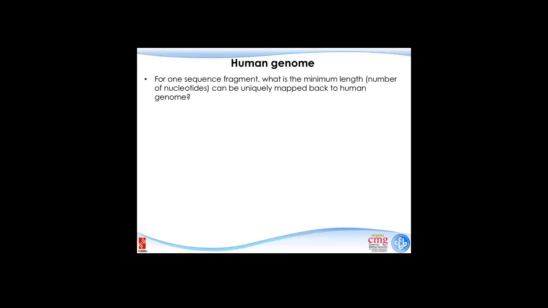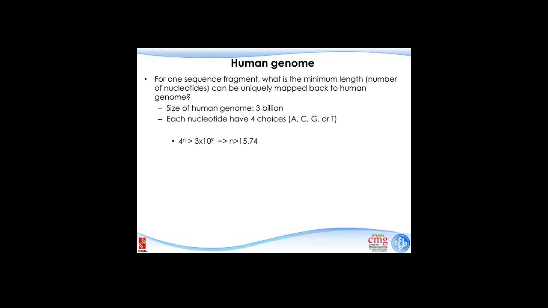So if we do this math, if we think the size of the genome is about 3 billion letters, and each nucleotide has 4 choices, then 4 to the power n, where n is the number of nucleotides in either the primer or our sequences, needs to be larger than 3 billion. In that case, n is 15.7.